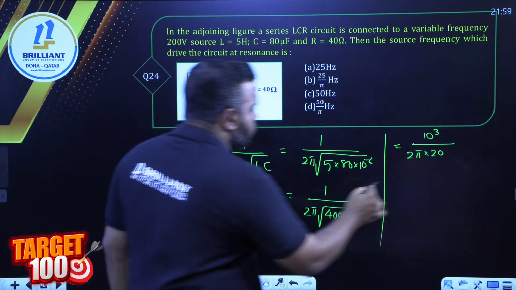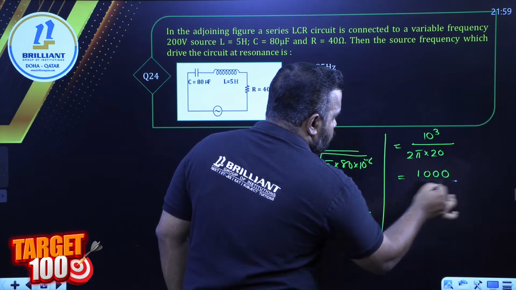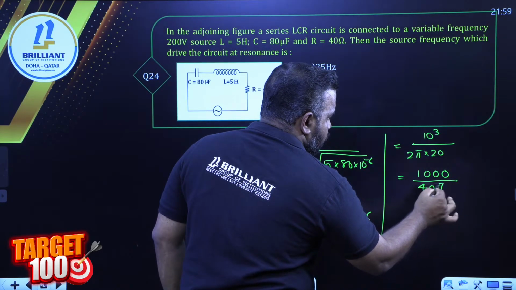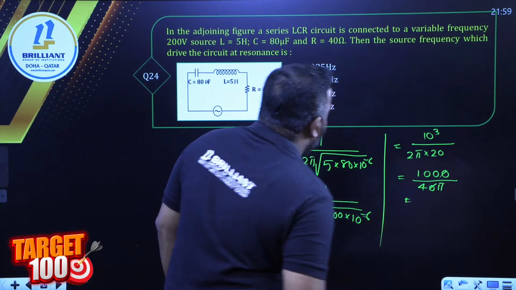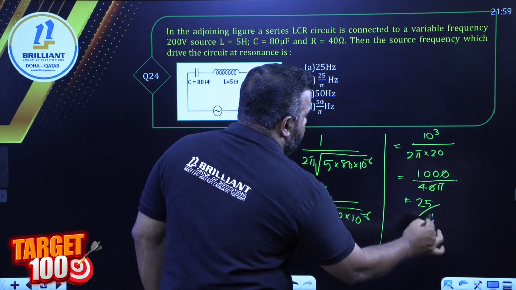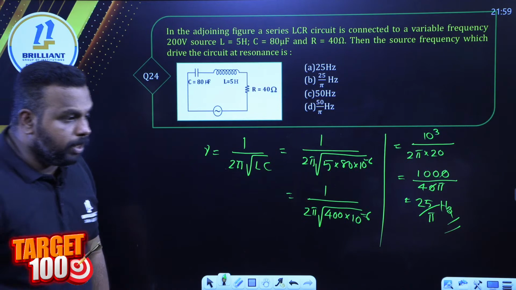So what we get, 10 to the power 3 means 1000 divided by 40 pi. So 100 by 4 pi, which is 25 by pi hertz. That is our right answer, 25 by pi.